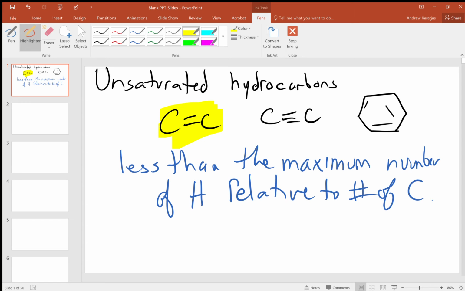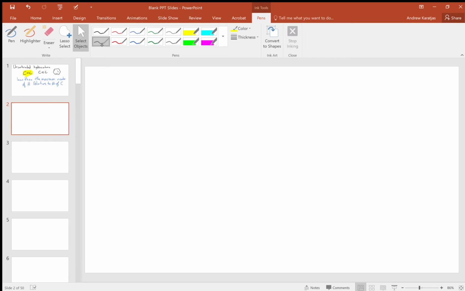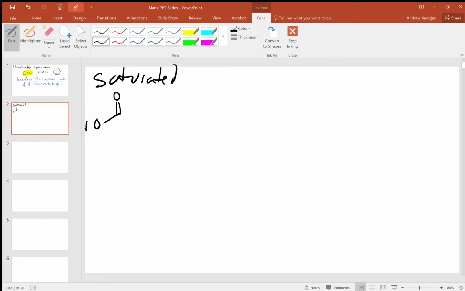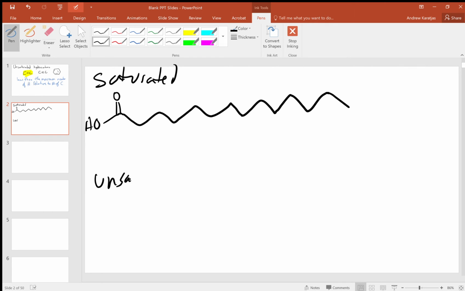A saturated fat, or a saturated fatty acid, has the maximum number of hydrogens and might just look very simply like this. But unsaturated is missing a couple of those hydrogens somewhere in it.